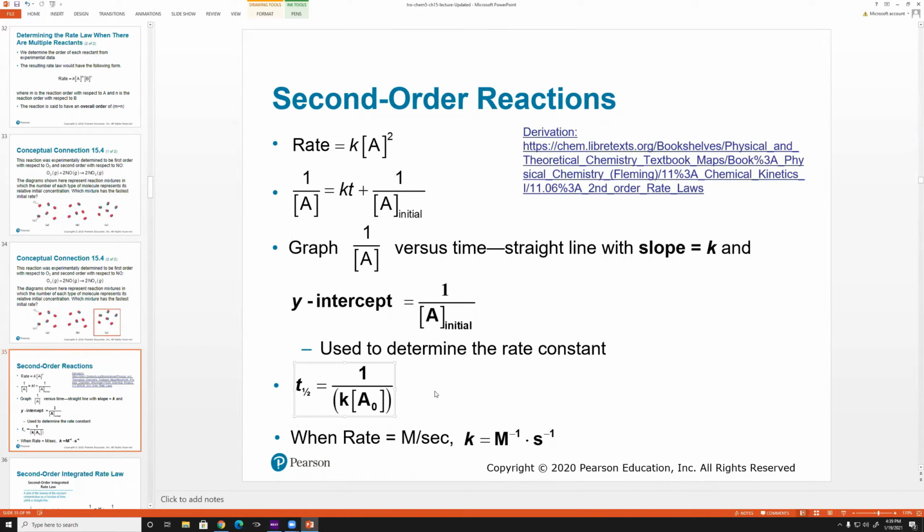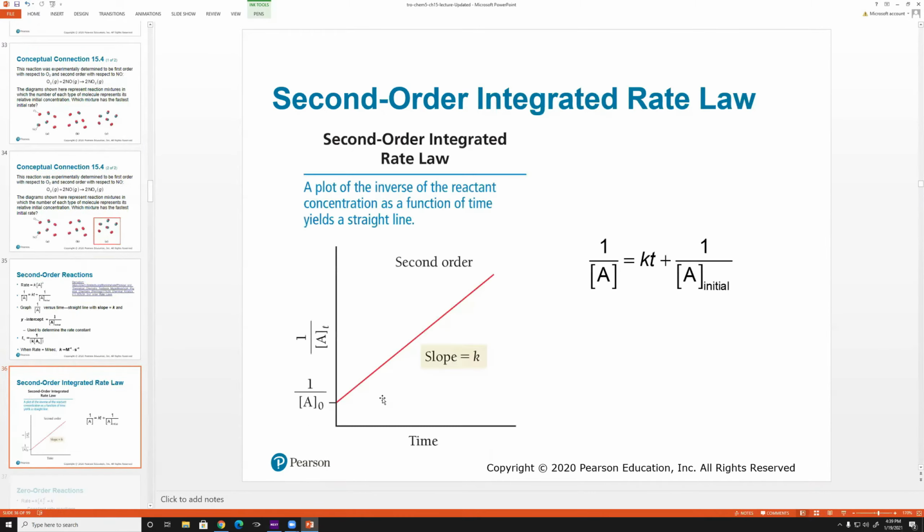So we're going to talk about half-lives in a minute. Half-life basically means the time it takes for the concentration to halve. It depends on the rate constant and on the initial concentration for second order and zero order. It doesn't for first order.